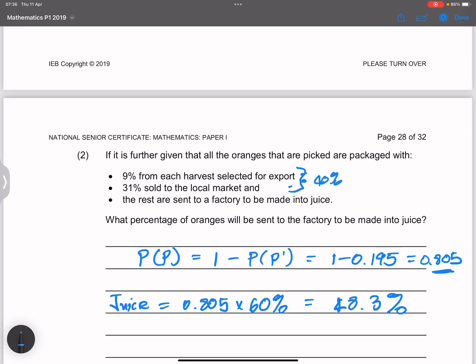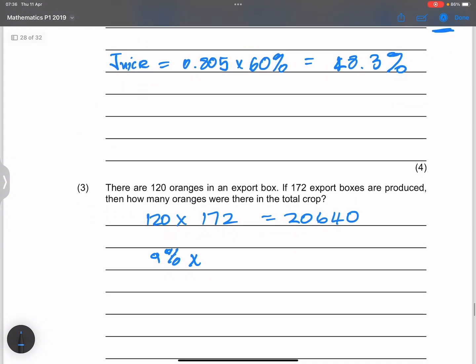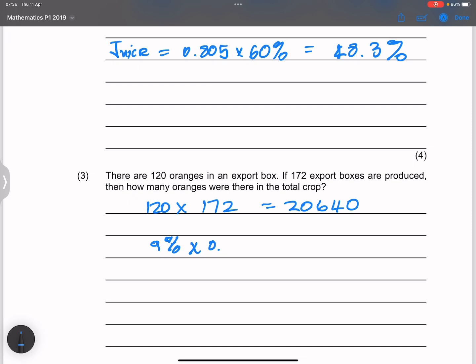So 9% of the 0.805 will actually amount to 20,640.